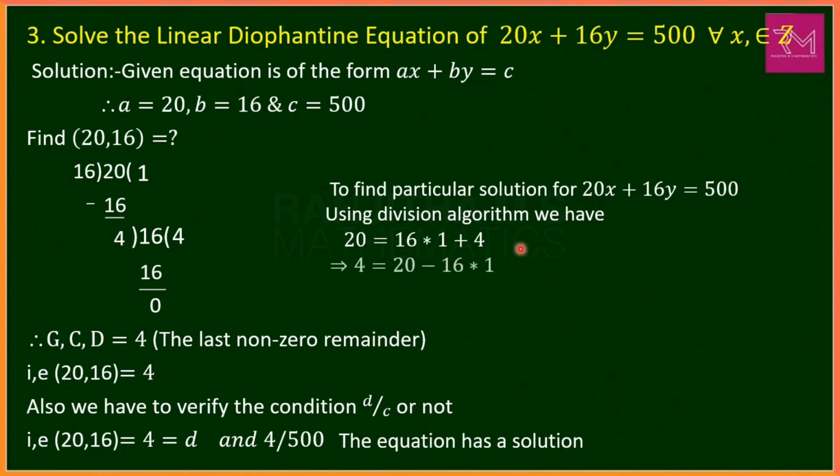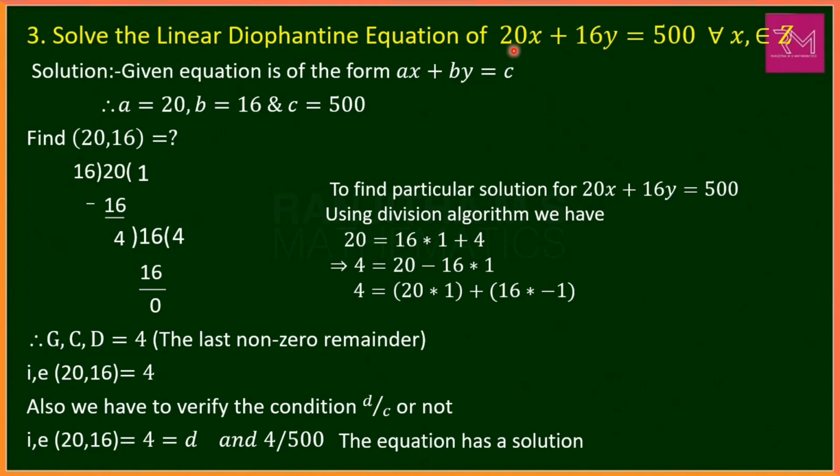Or we can take the value to the left hand side and get 4 is equal to 20 minus 16 into 1. Since the remainder is 0 here, no need to apply the division algorithm for the next value. So 4 is equal to 20 minus 16 into 1. This is of the form 4 is equal to 20 into 1 plus 16 into minus 1.